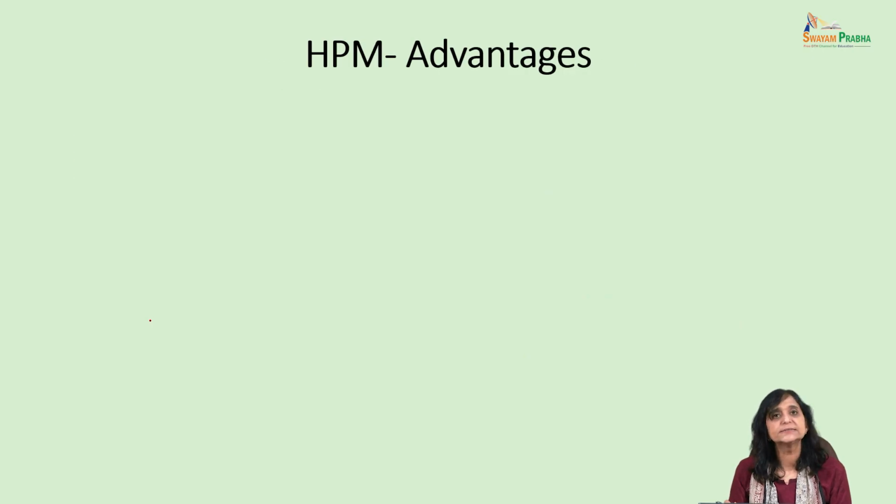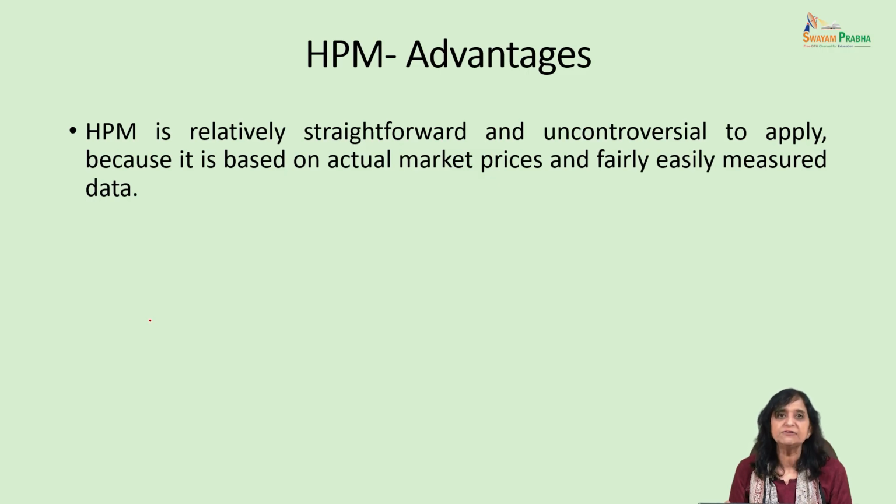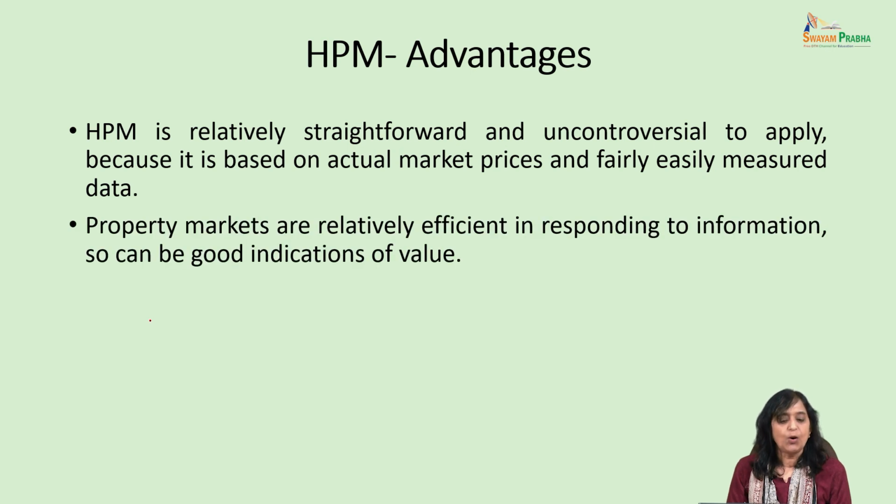Now, what are the certain advantages of the hedonic price method? The first is that it is a relatively straightforward and uncontroversial method. We have already seen in the travel cost method and contingent valuation method what kind of challenges arise. And it's fairly easy because we get data on the actual market price of the property. Also, property markets are relatively efficient in responding to information.